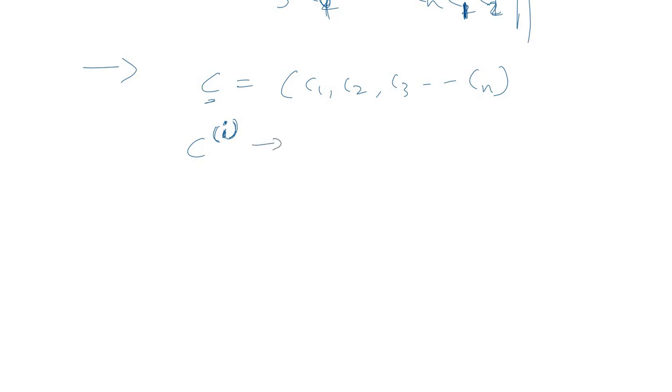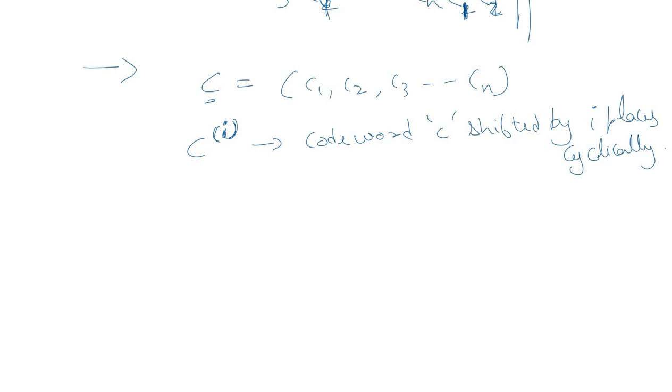So C(i) is equal to C(i+1), C(i+2) up to Cn, C1, C2, up to Ci.